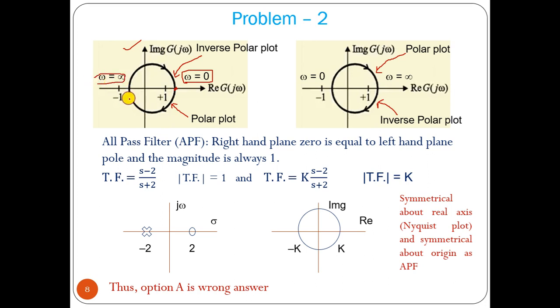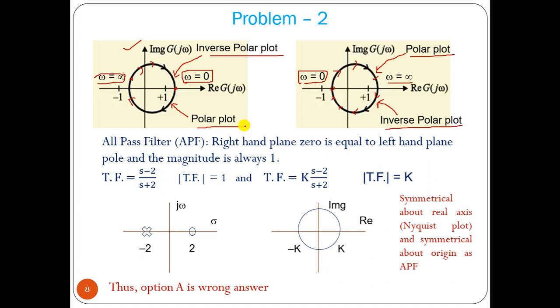This is the polar plot from omega equal to minus infinity to omega equal to 0, this is your inverse polar plot. This is one way. Another way, it can start from omega equal to 0 here, then this is your polar plot up to omega equal to infinity, and from omega equal to minus infinity to omega equal to 0 we have this inverse polar plot. So this plot can be written in these two ways.